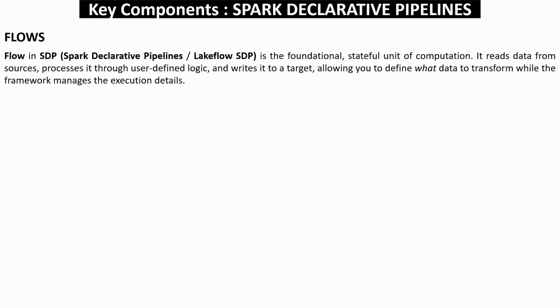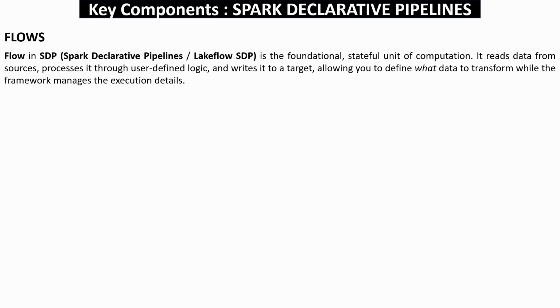So this focuses on what you want to do with the transformation, and the how part is taken care of by Spark Declarative Pipelines. A flow is a foundational stateful unit of computation. It reads data from sources, processes it through user-defined logic, and writes it to the target.